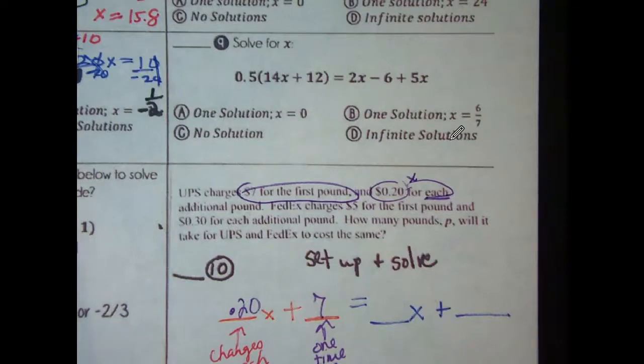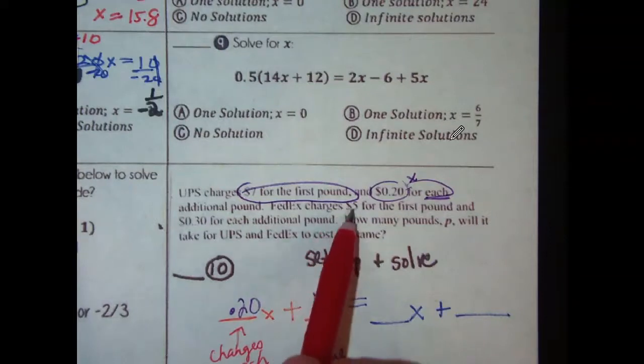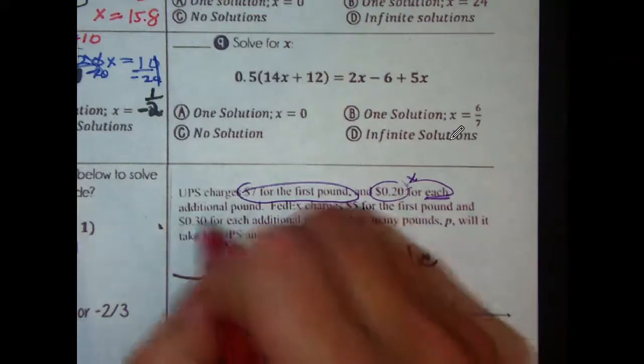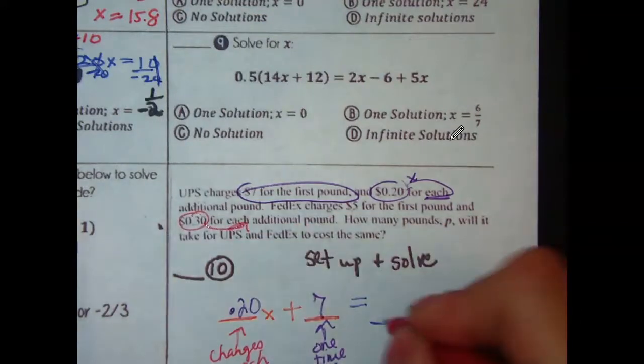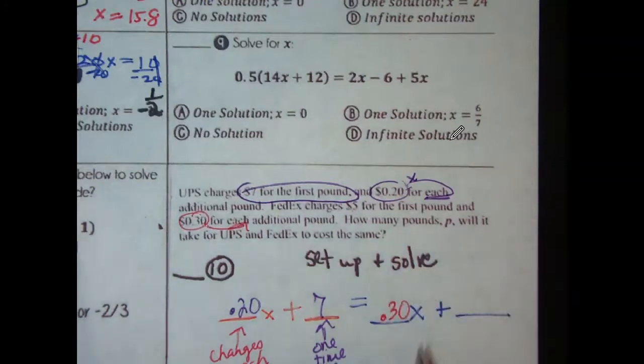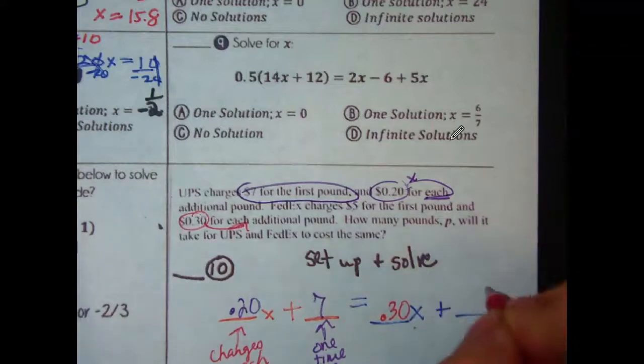So let's go to the next one. FedEx charges $5 for the first pound and 30 cents for each. Again, I see the word each, so that's going to go 0.30 next to my variable. And then the one-time amount was the $5.